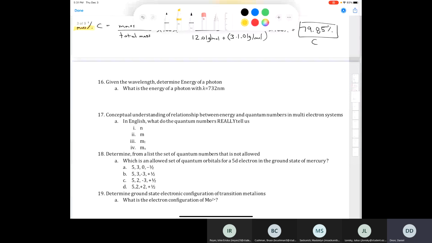Okay, let's switch gears a little bit and talk about the electron. It says, given the wavelength, determine the energy of a photon. You should have a couple formulas memorized. You've used them so many times.